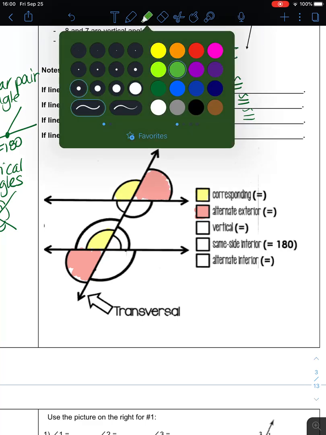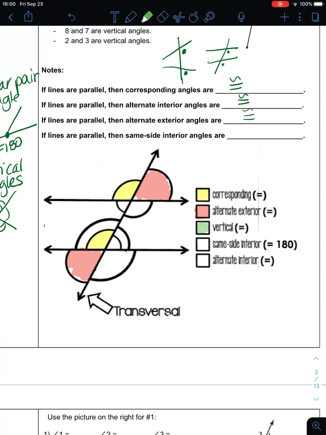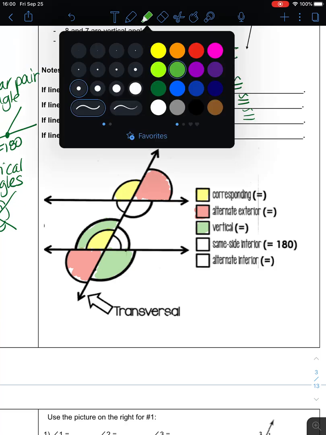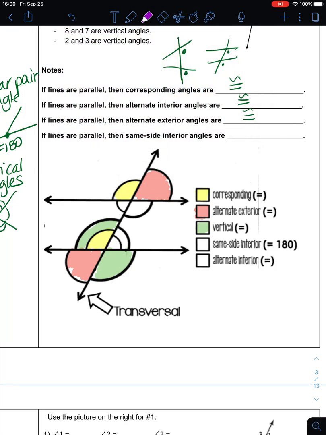This is just to give you a visual of more of what we talked about yesterday. We've got vertical angles. These are vertical. We've got alternate interior. That's these. And then last we have same side interior.